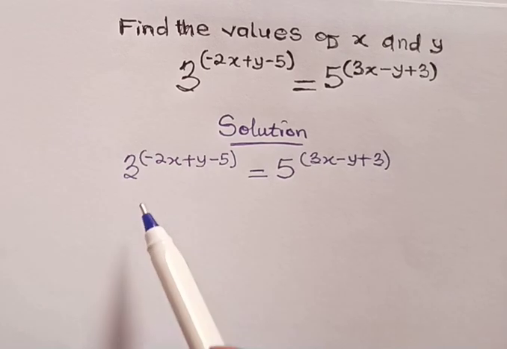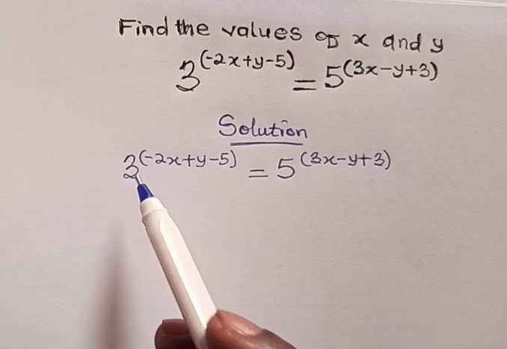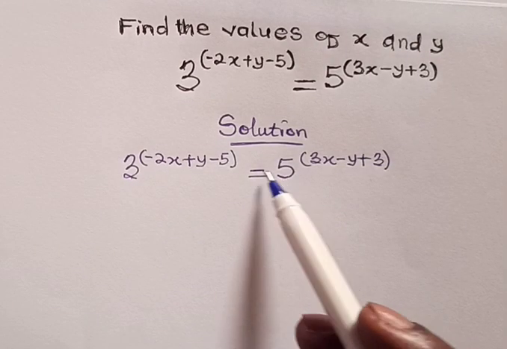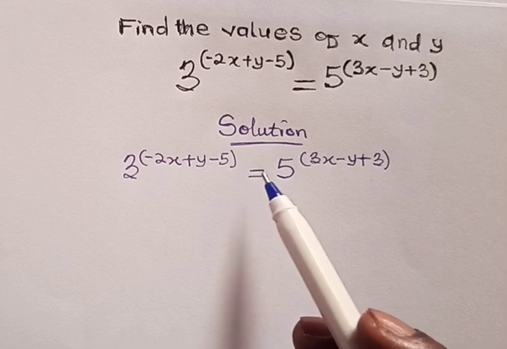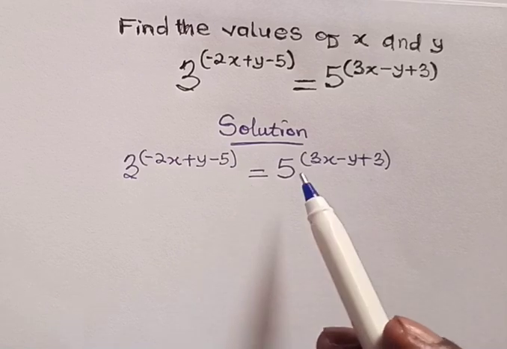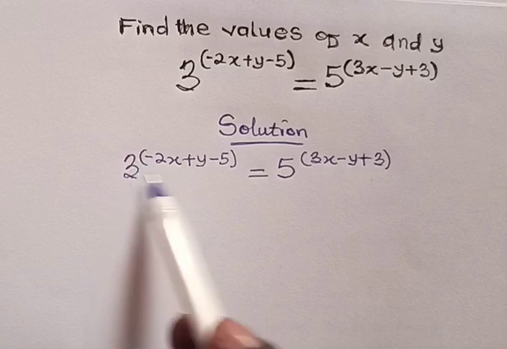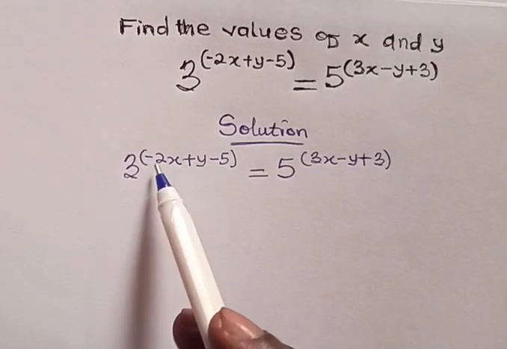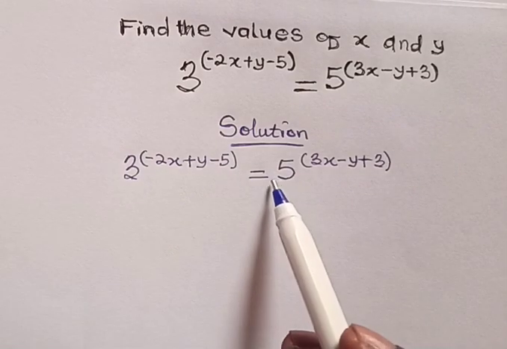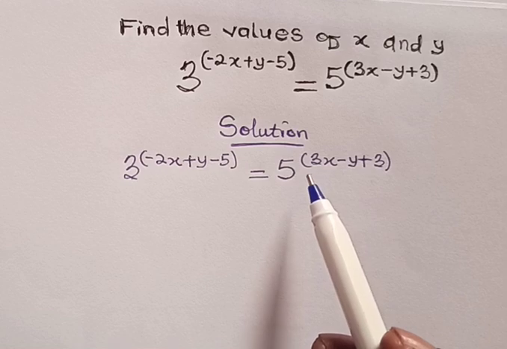So for this question, we have 3 here as the base, and if you go to the right side, we have 5 as the base. And looking at the equal sign, it means that the left side is supposed to be the same as the right side. But how can 3 exponent negative 2x plus y minus 5 be the same as 5 exponent 3x minus y plus 3?